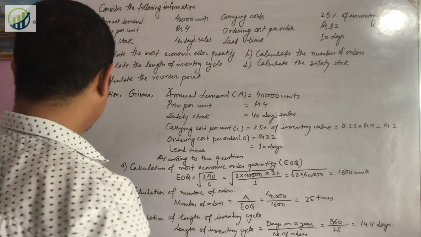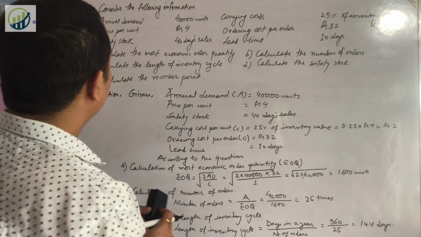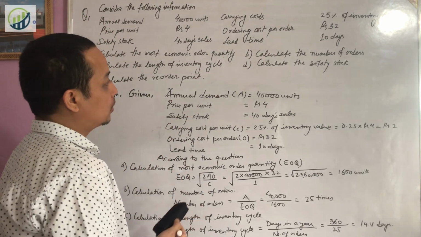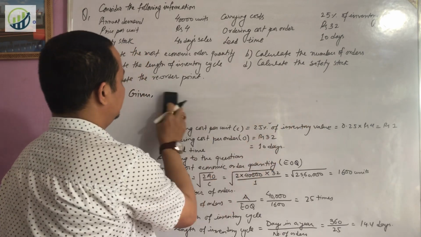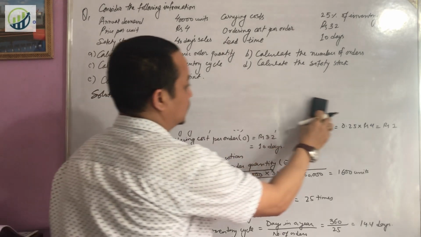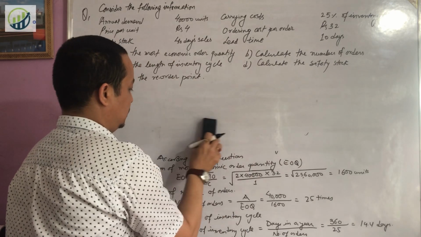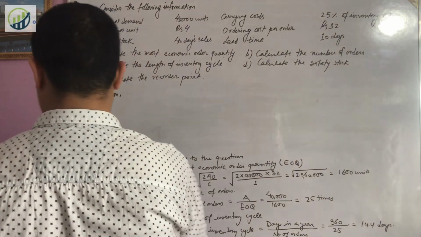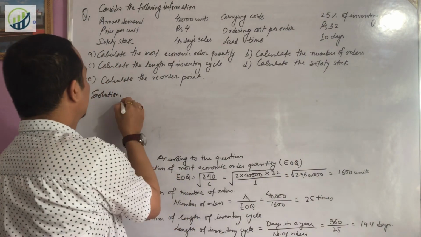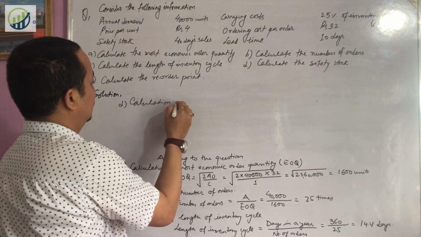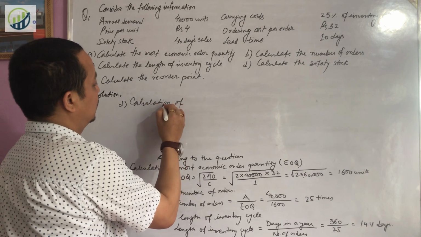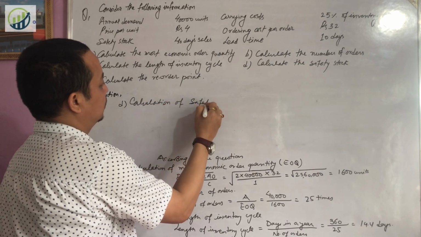Now after finding this, what you have to find is the safety stock and the reorder point. So let's find the safety stock. Calculation of safety stock.